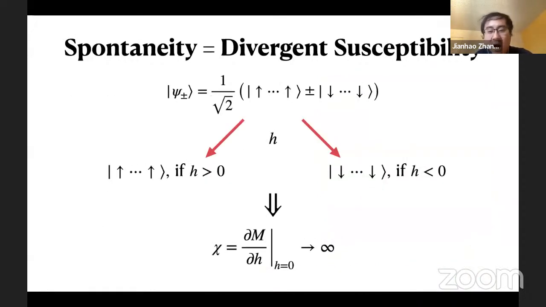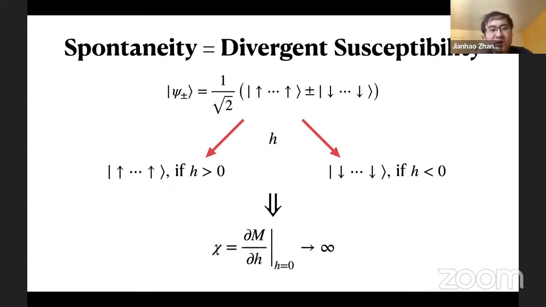Okay. Another elegant property of pure state SSB is the spontaneity, which is captured by its divergent susceptibility. Let's imagine the cat state again. It seems symmetric under Ising symmetry, but this symmetry property is so fragile that even in the thermodynamic limit, applying an external Zeeman field along the z direction on only one side is enough.